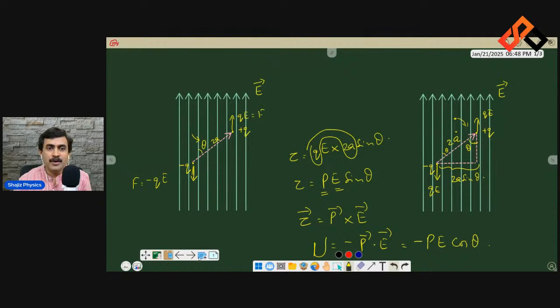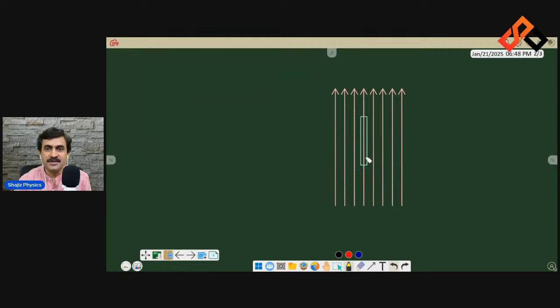Now we will see a similar situation when considering a magnetic field. Here, let the pink arrows represent a magnetic field represented by the B vector, and this be a magnetic dipole, that is simply a bar magnet.